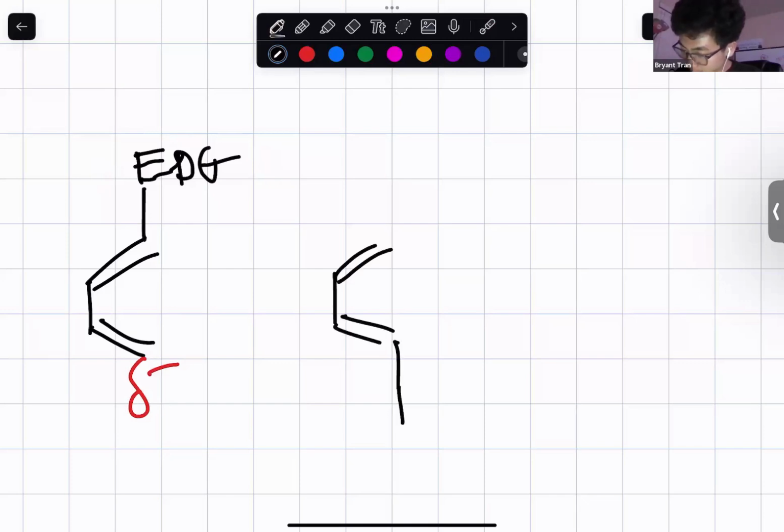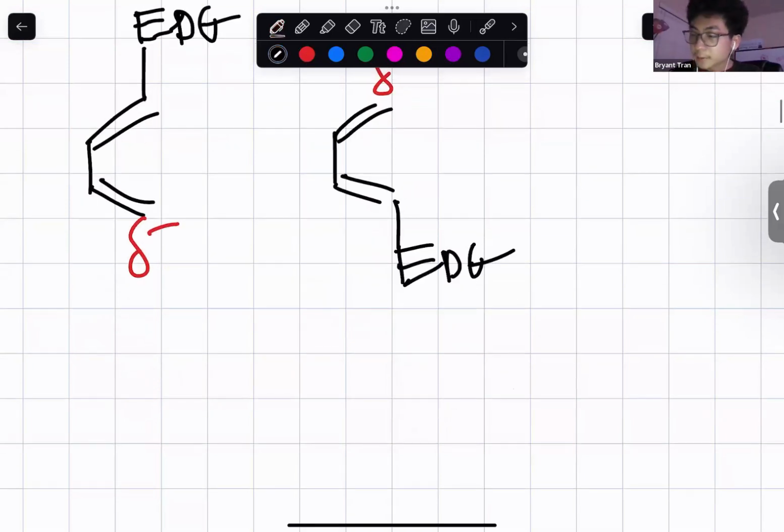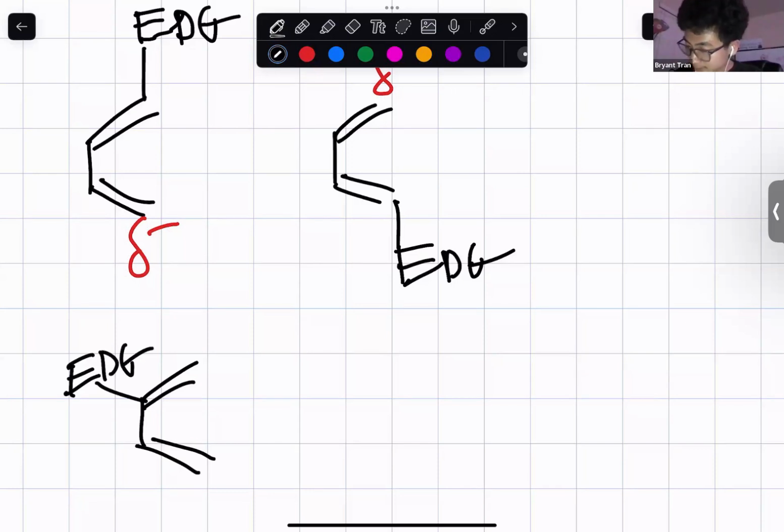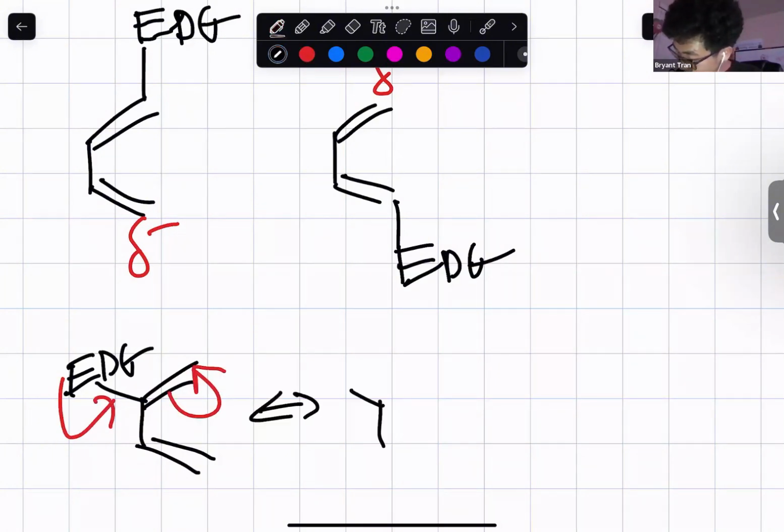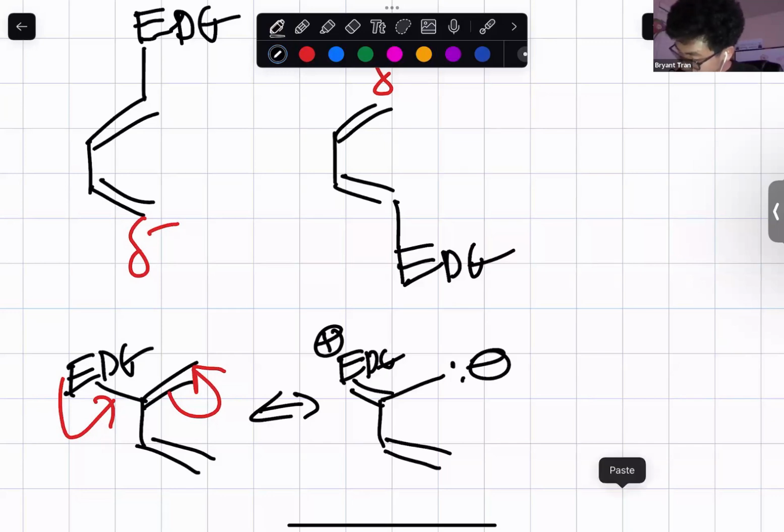If the EDG is on the bottom here, then the negative charge will be on the opposite carbon. It would not be true if you have an EDG on the middle carbons like this, right? Because the EDG would then donate electrons into the ring like that and push the double bond over there, which would create a negative charge on that top carbon instead, right?